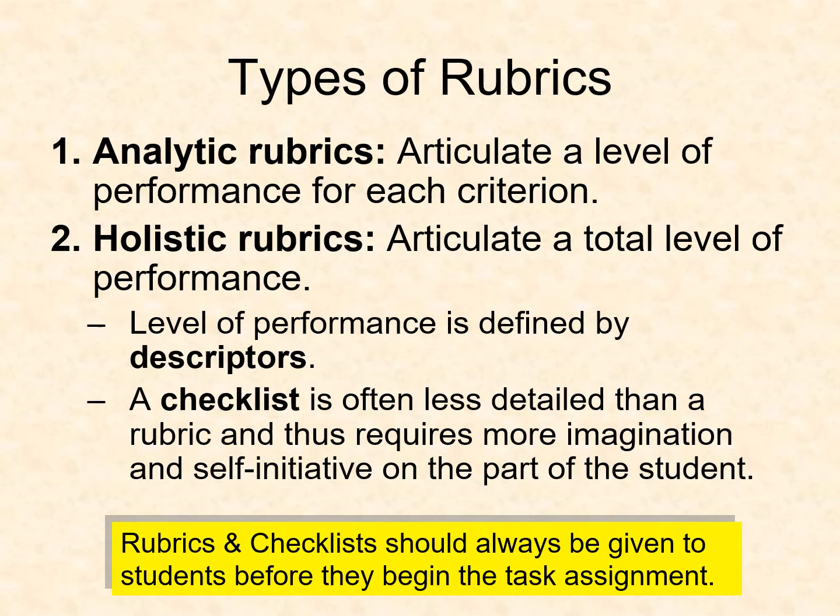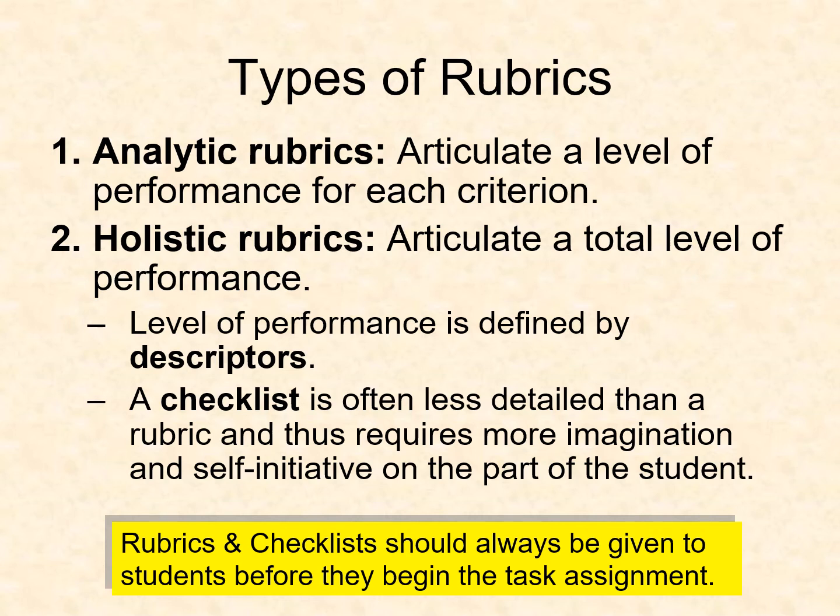When we think of rubrics, we are usually thinking of analytic rubrics, and those are rubrics that articulate a level of performance for each criterion in a task or project. But there's also a whole other set of rubrics. They're known as holistic rubrics. The holistic rubrics articulate a total level of performance. They'll list descriptors, and many times a checklist will be part of this.